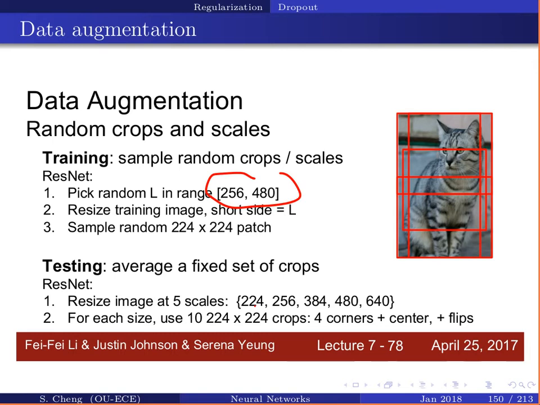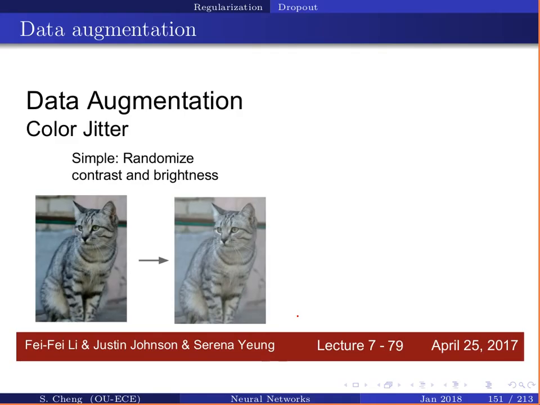For example, I can resize this image to different scales and crop it in different ways, see whether it is recognized as a cat or a dog, and then take a majority vote of the results. It's a very simple trick.